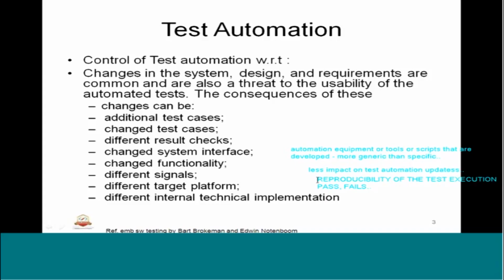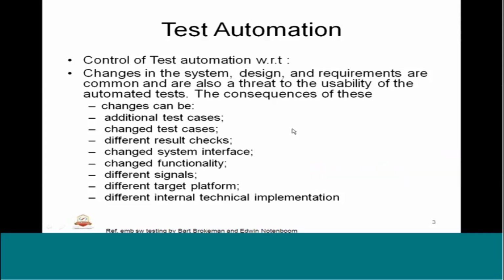So we will see how automation tests can be implemented technically in a nutshell. Basically, we'll try to understand that. Automation tests are basically developed in-house with the help of commercial tools that are available in the market.